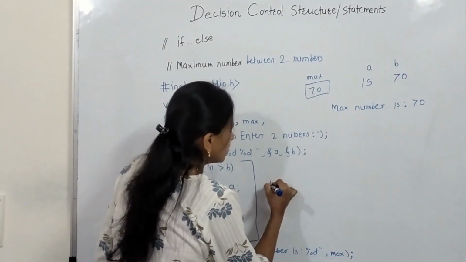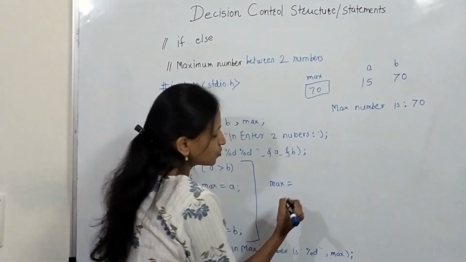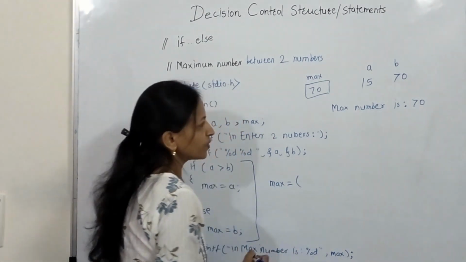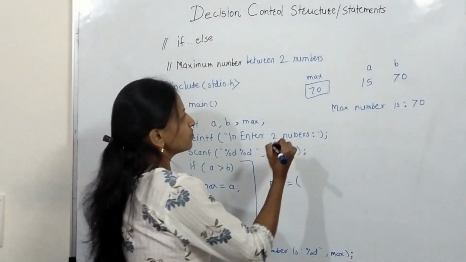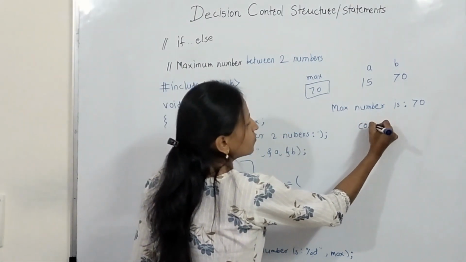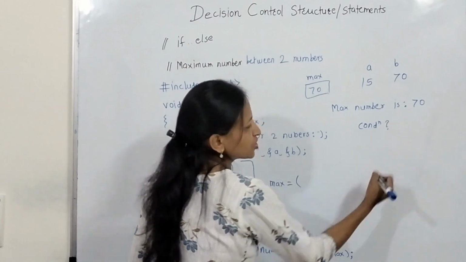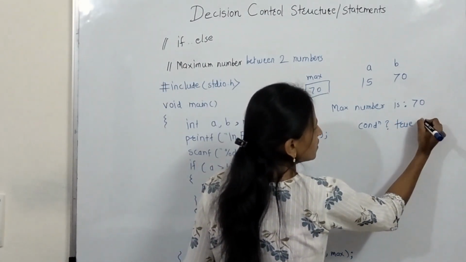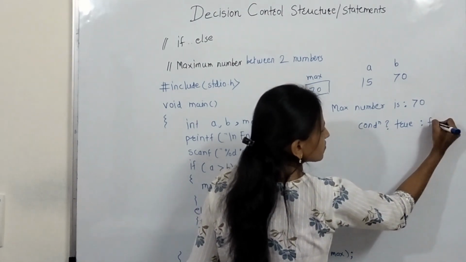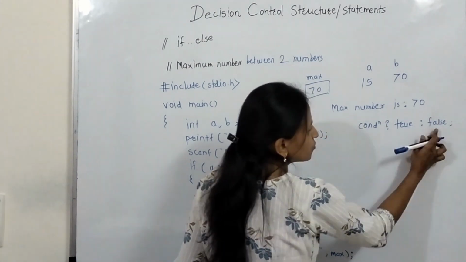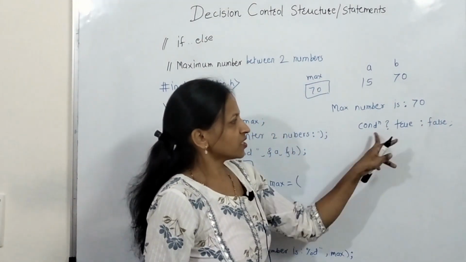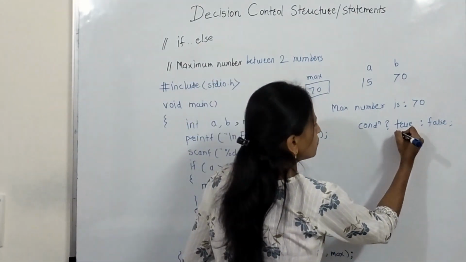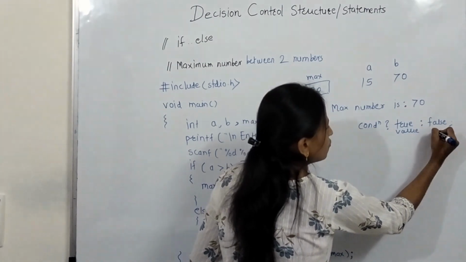Here inside max we want to store the value, that's why we will write max. Then what is the syntax of the ternary operator? First we have to write the condition or test expression, then a question mark, after that the true value, and the false value to be returned if the condition is false, that we have to mention here.